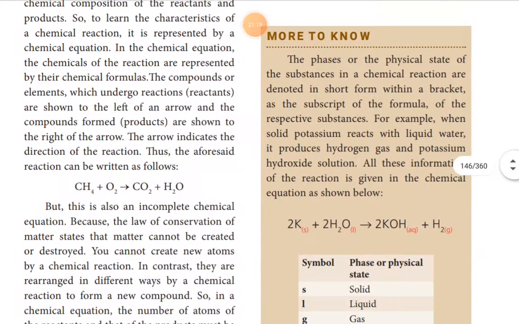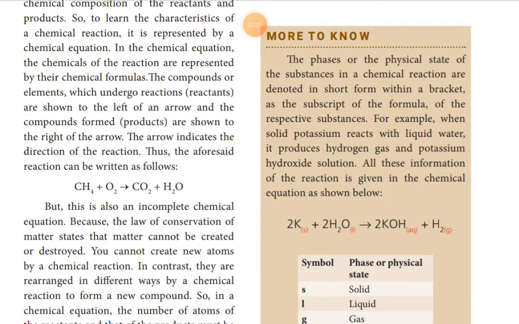You can see here that CH4 and oxygen are the reactants. CH4 has one carbon atom and four hydrogen atoms, and oxygen has two oxygen atoms. So the reactant side has one carbon, four hydrogen, two oxygen. We have to check what is on the product side. One carbon, the same number.